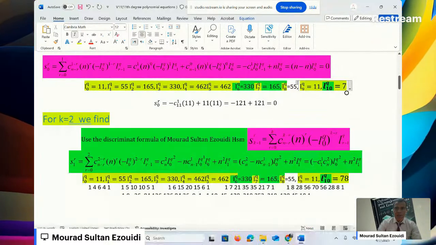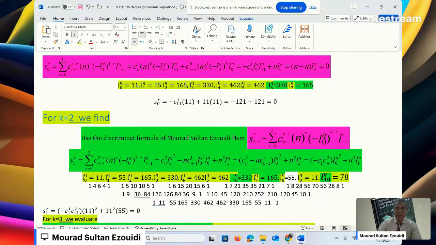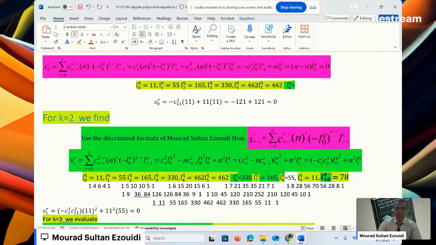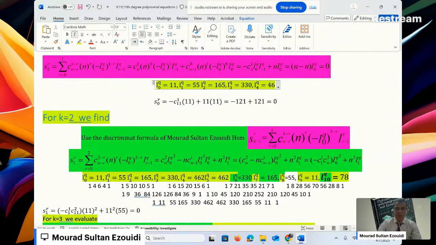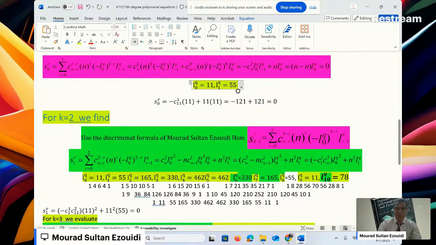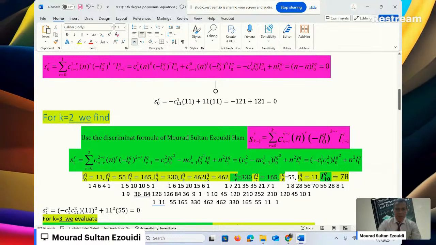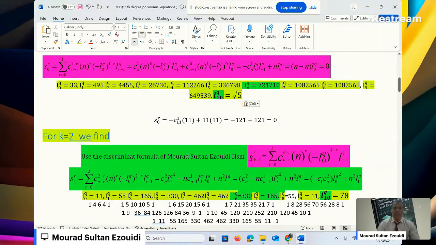I will erase this because these are the coefficients of my original 11 degree equation. I will substitute or replace them by the formula.